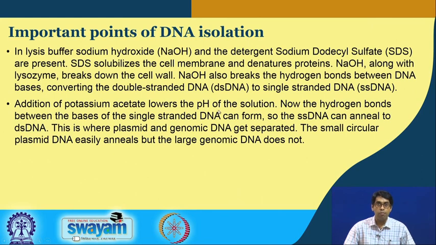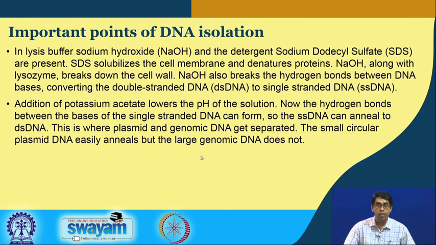Now when we add potassium acetate, the solution becomes acidic, the hydrogen bonds can form again, so that the single stranded DNA can anneal to form double stranded DNA. In case of plasmid, since it is much smaller than the genomic DNA, it can easily find the right bases to form the hydrogen bonds and forms the circular double stranded DNA.